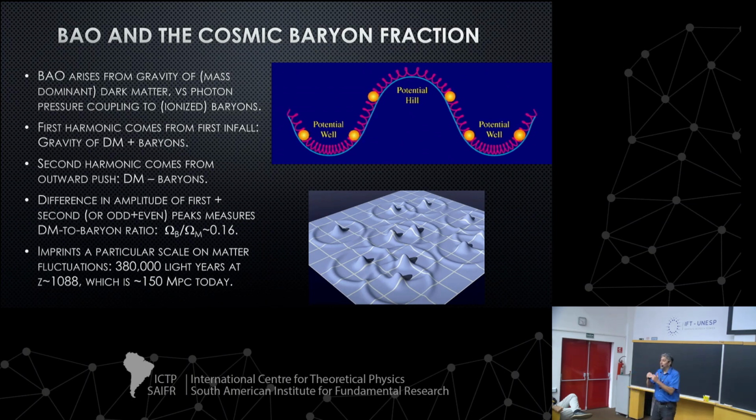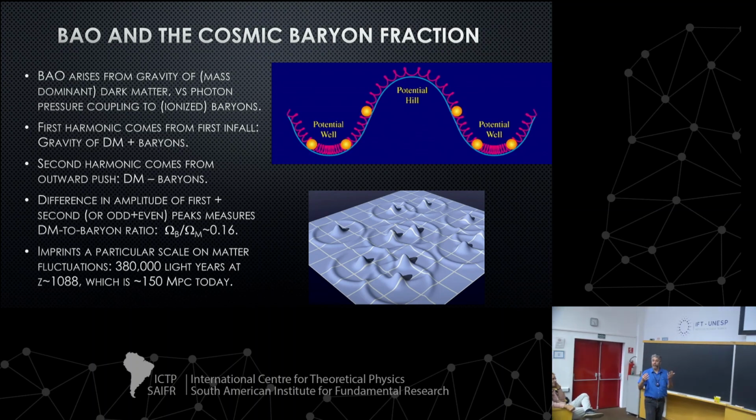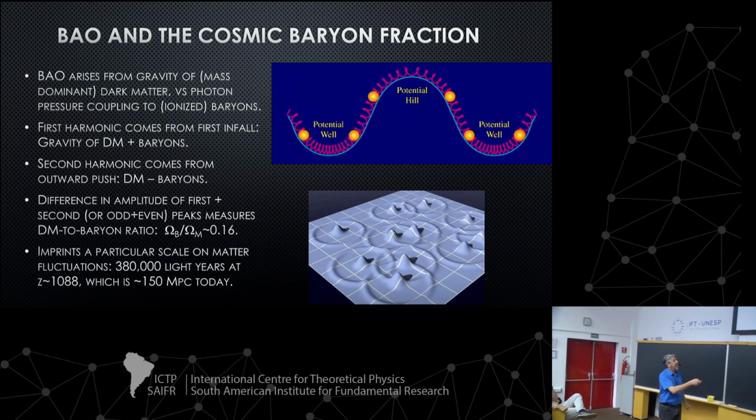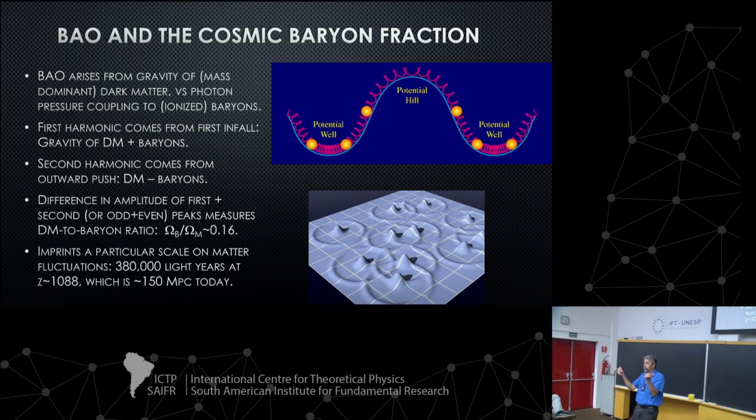But the problem is that they're coupled to the radiation. So the baryons interact with the radiation, right? As the baryons squeeze down into a potential well, the radiation says, I don't like to be squeezed, right? The radiation pressure increases and pushes back outwards. And so you get an oscillation, right? And so that's basically you're oscillating the baryons in these potential wells.